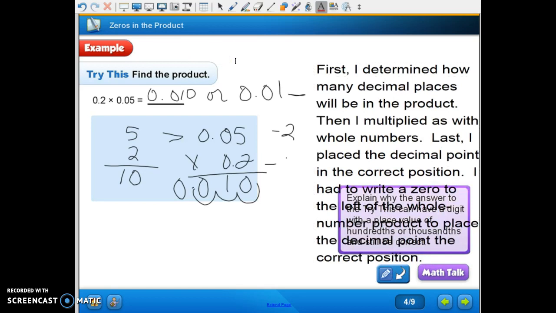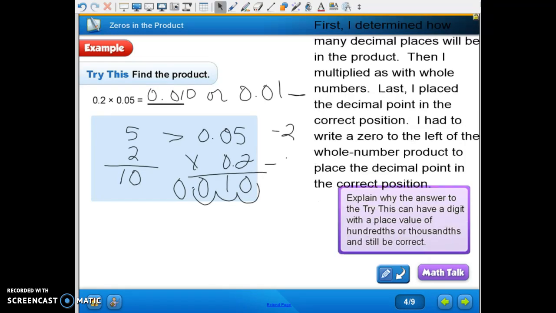First, I determined how many decimal places will be in the product. Then I multiplied as with whole numbers. Last, I placed the decimal point in the correct position. I had to write a 0 to the left of the whole number product to place the decimal point in the correct position.